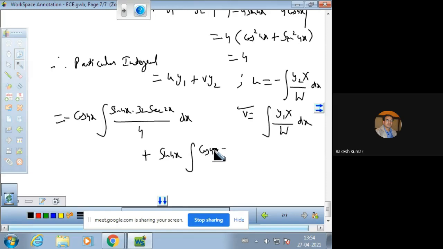It is cos 4x into 32 secant 2x over 4 into dx.